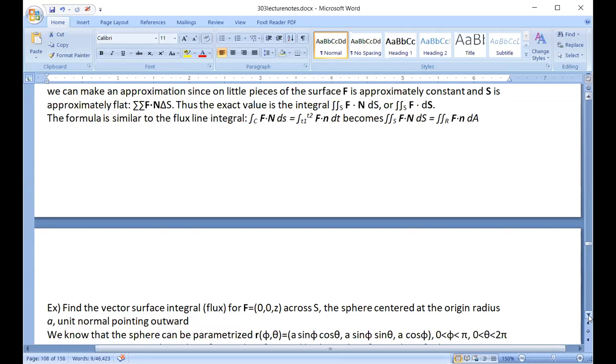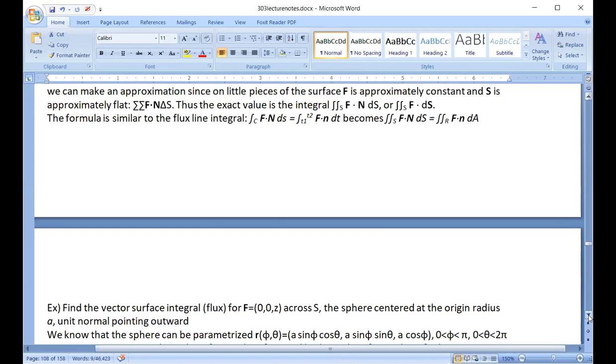So the radius part just becomes a constant, and the formula for this sphere becomes r of phi, theta equals a sine phi cos theta, comma a sine phi sine theta, comma a cos phi. And with the usual bounds, phi goes from 0 to pi, and theta goes from 0 to 2 pi.